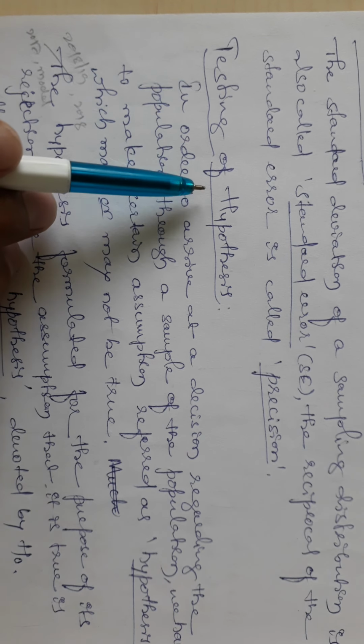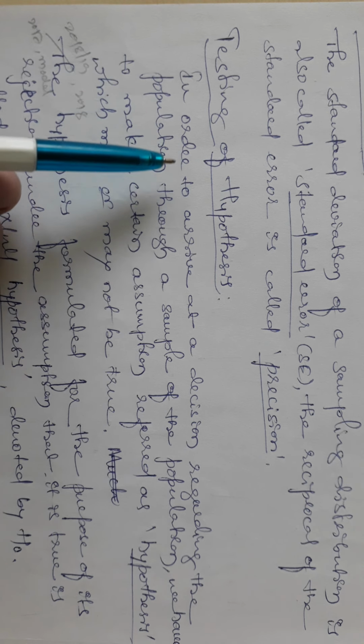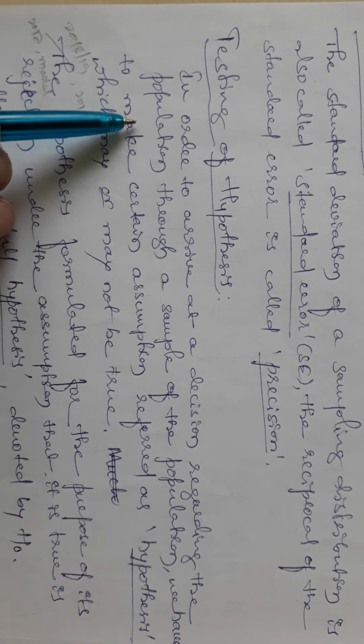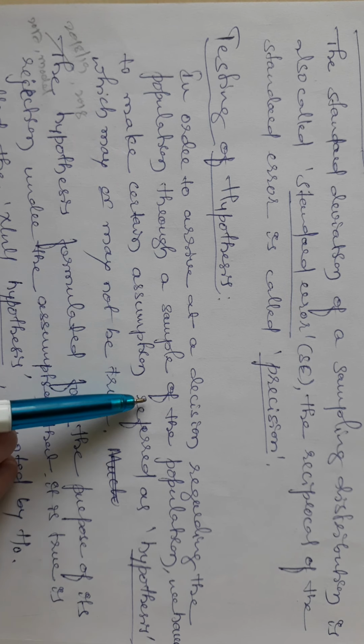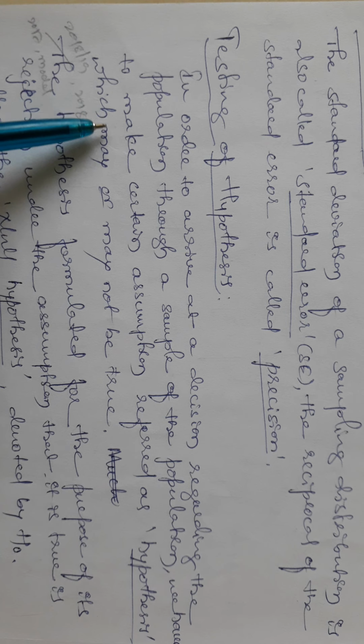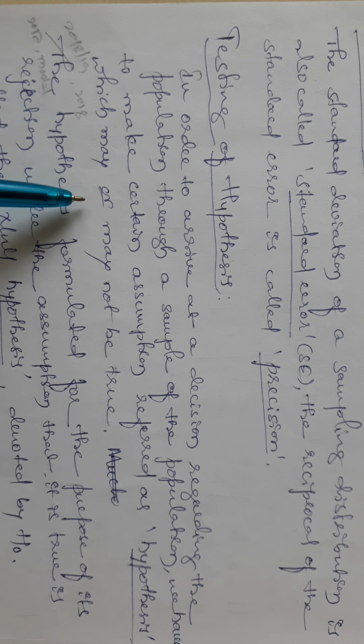Next, testing of hypothesis. In order to arrive at a decision regarding the population through a sample of the population, we have to make certain assumptions referred to as hypotheses, which may or may not be true.